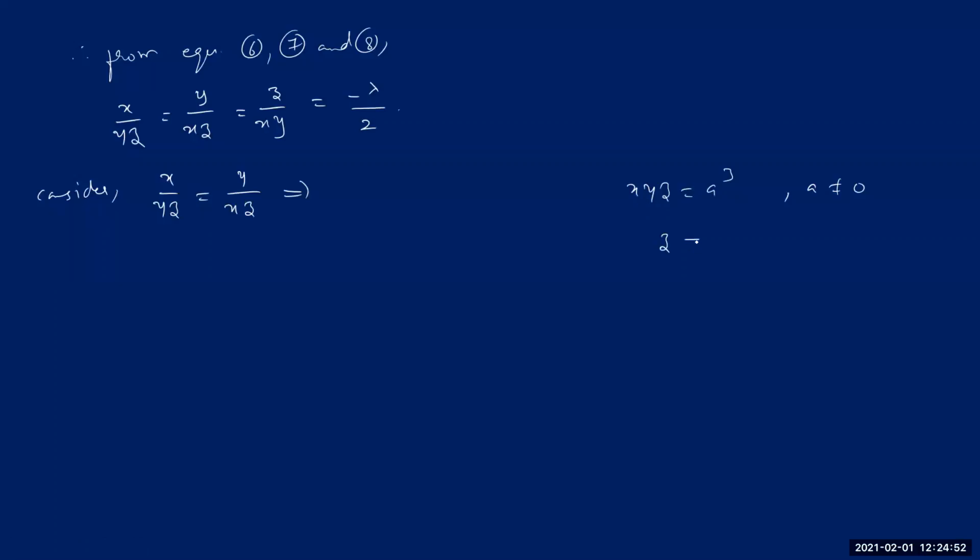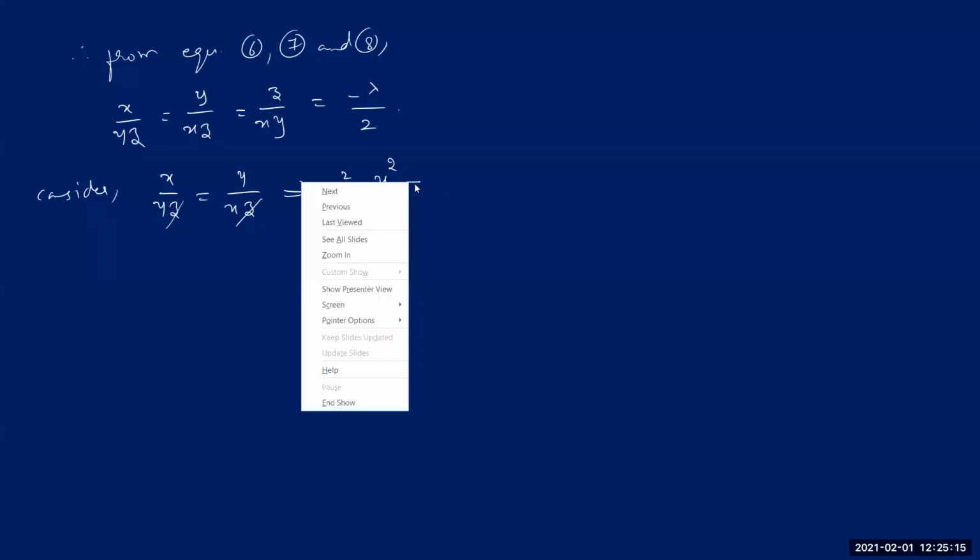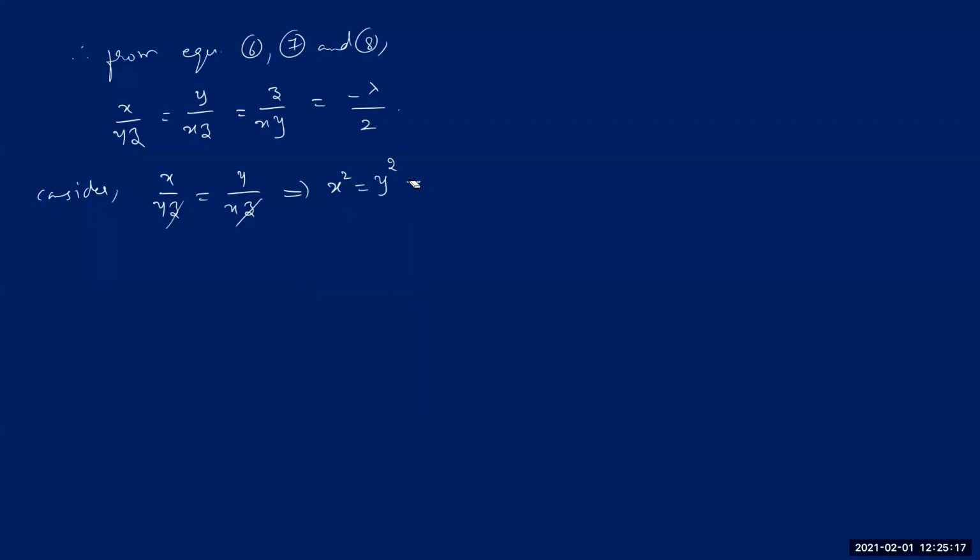So z cannot be equal to 0. Since z is not equal to 0, I can cancel this z on either side. Then if I take cross multiplication, I can write x square is equals to y square.